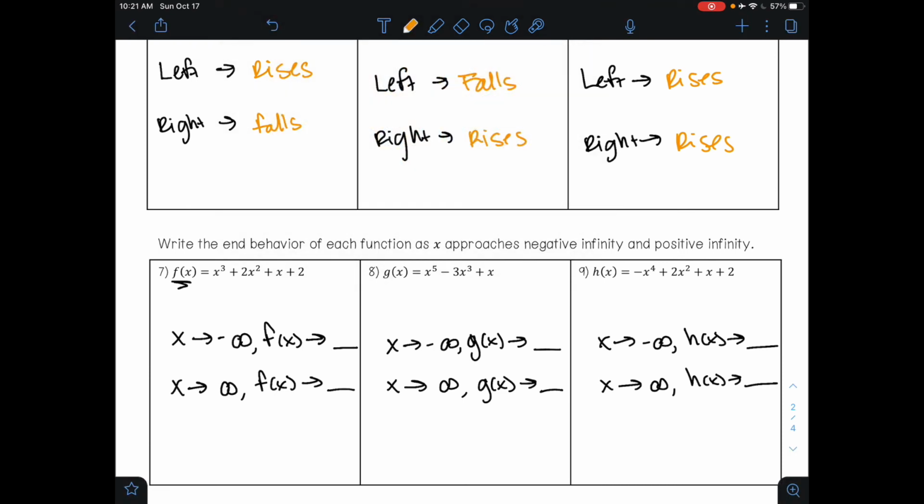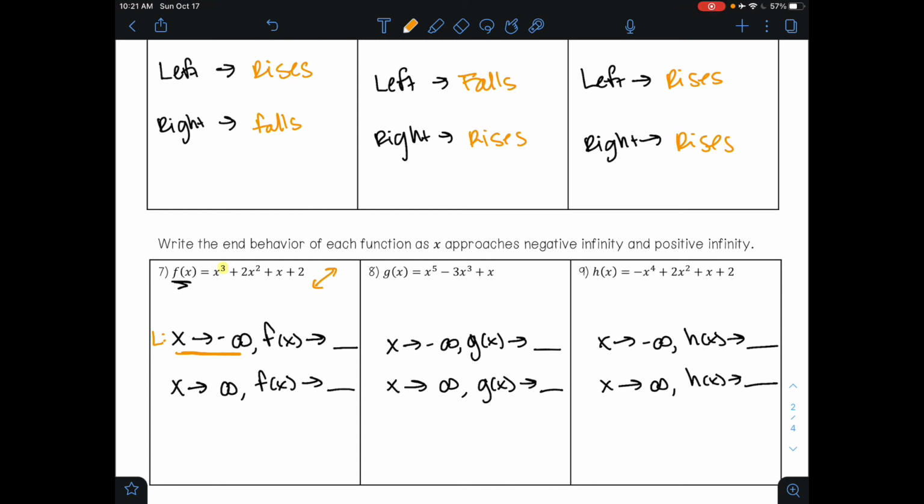So on example 7, my leading coefficient is positive 1, and my highest exponent is 3. 3 is an odd number, and so a positive function that's odd is going to look like a line with positive slope. As x approaches negative infinity, this is telling you to look at the left side of your graph because that is where your negative x values are.